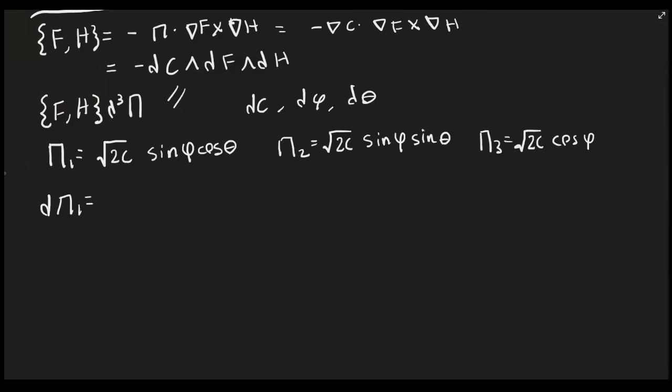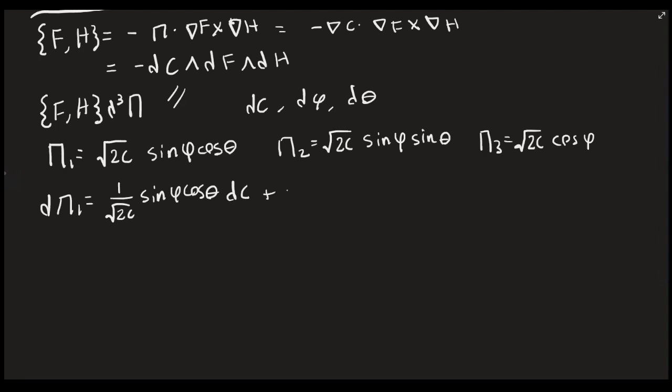dp1 equals, okay, so this is going to be 1 over root 2c, and then chain rule, we're going to times 2, but then we'll have a 1/2 from the exponent of 1/2 here. So this is going to be 1 over root 2c sine phi cos theta dc.